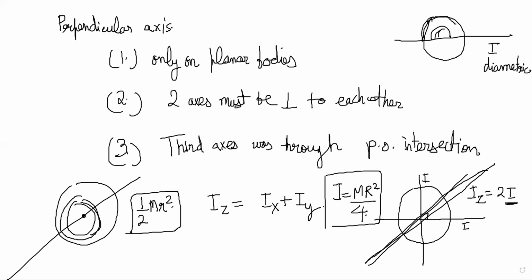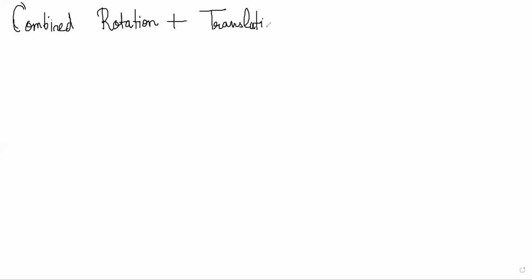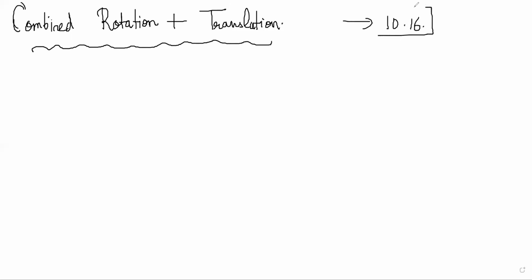Now we come to the slightly more advanced portions of the chapter, which is about combined rotation plus translation. The basic principle is explained in section 10.16, which you should read through; it is fairly straightforward.